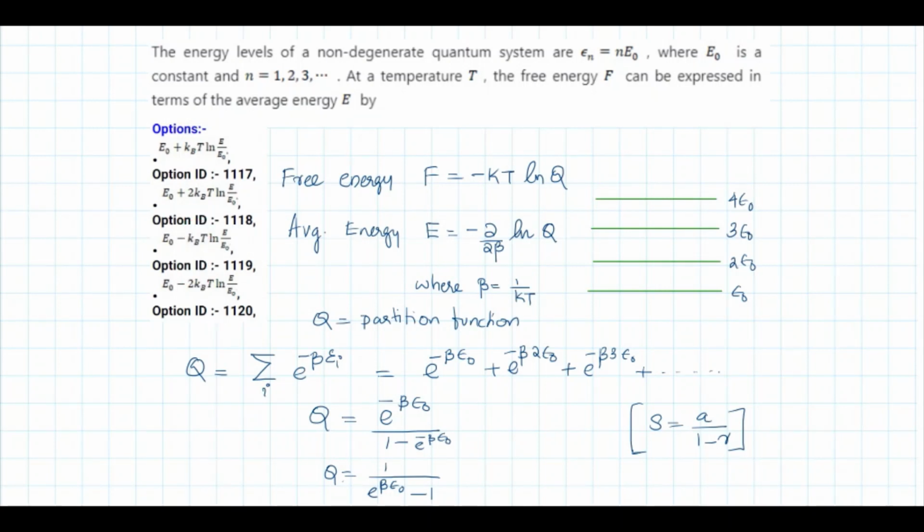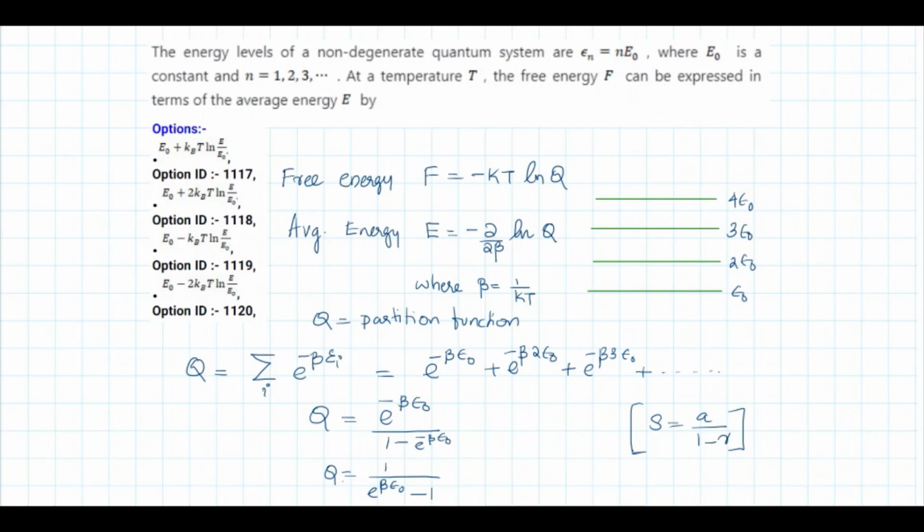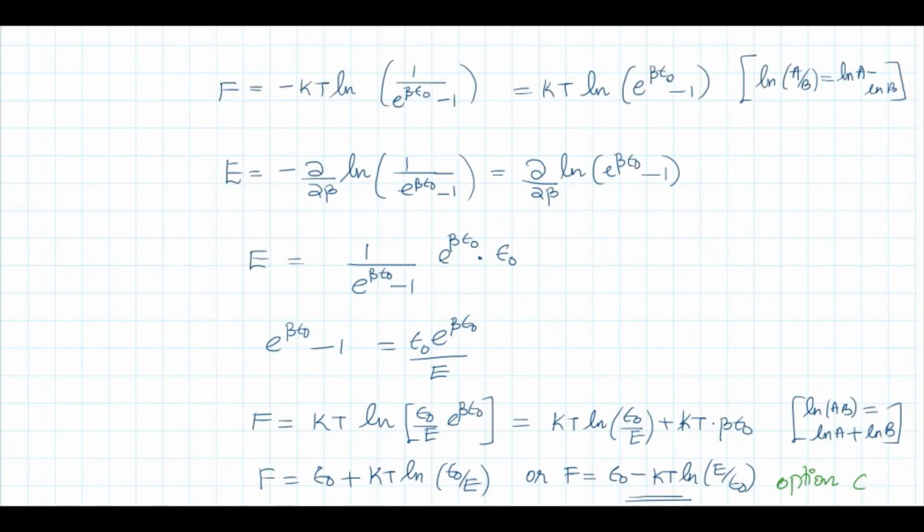So, make this E0 by E. You can write it as E by E0 by putting a negative sign. So, F is equal to E0 minus kT log E by E0. Correct option is option C, E0 minus kT log E by E0. I hope it is clear.